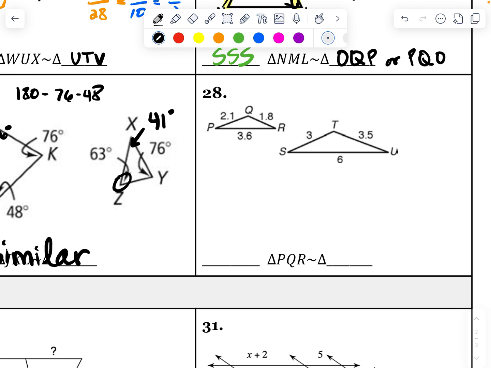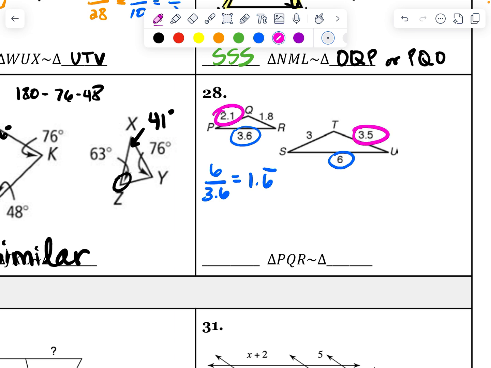All right, looking like side, side, side again. Let's check these proportions. When it's hard to tell, long with long. So 6 over 3.6. What's easier to do when you have these decimals is, do they come out to the same decimal? So that's 1.6 repeating. And then medium with medium, so that's the next one.